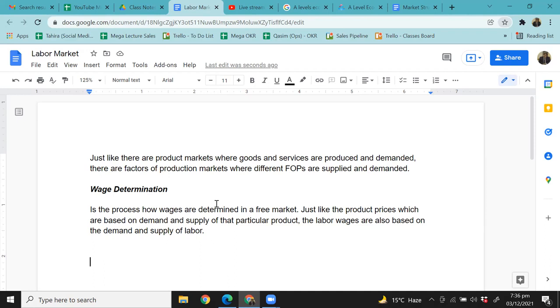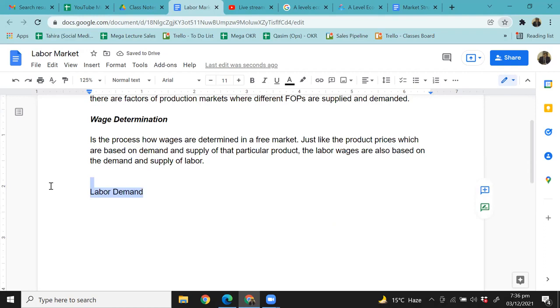Now the next thing that we have to discuss is what is labor demand. First, who demands labor in an economy? It is very obvious why they demand labor, but who demands it? Exactly.